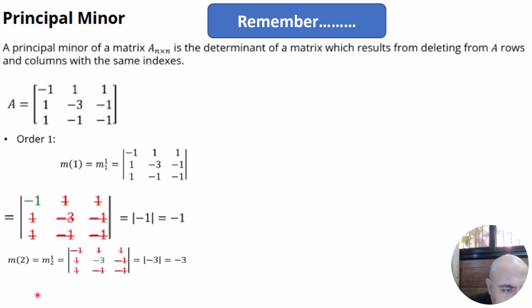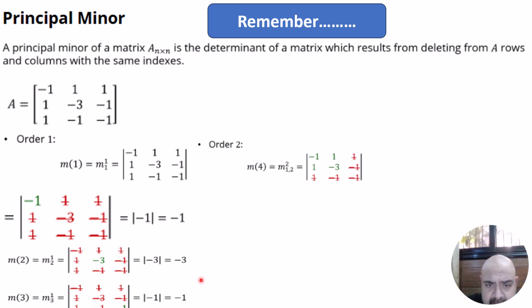For M2, I will do the same, eliminating the first and the last row and the first and the last column, and this will leave me with -3. Exactly the same, I will eliminate the first two rows and first two columns, and I will have -1. This is of order 1.